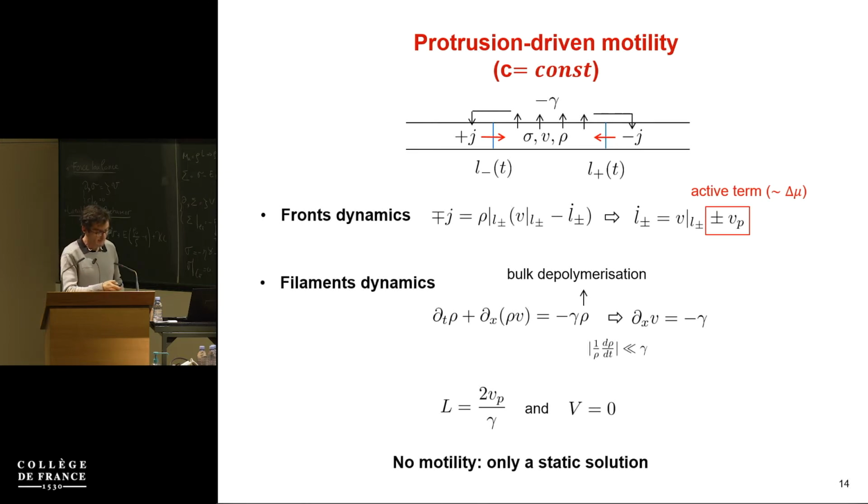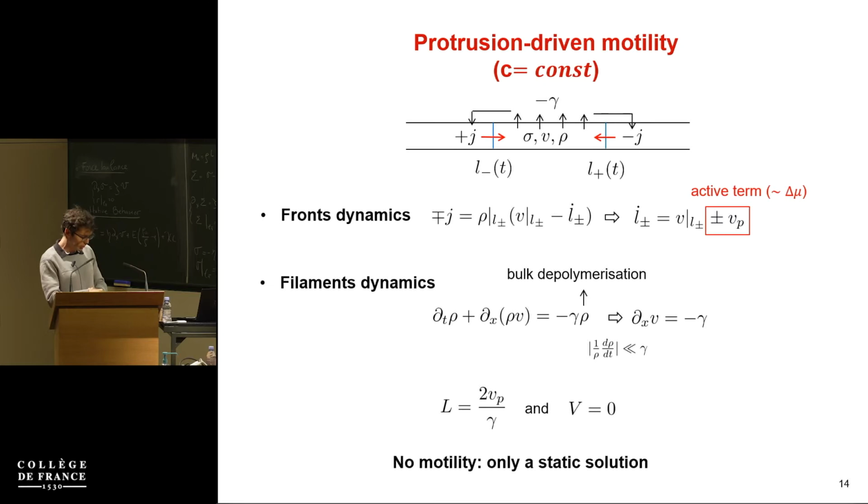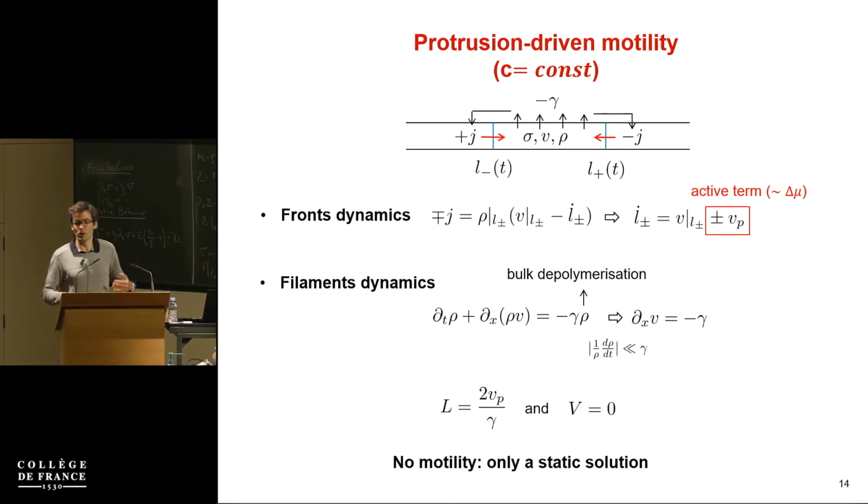And as it's purely symmetric, in this condition, the length will converge to a constant, which is just a ratio of the polymerization over the depolymerization, and the velocity goes to 0. And so no motility is possible with this protrusion-driven dynamic in this case.